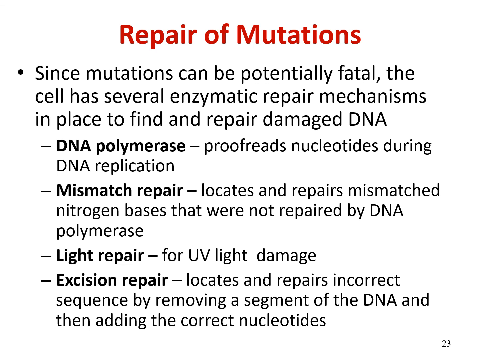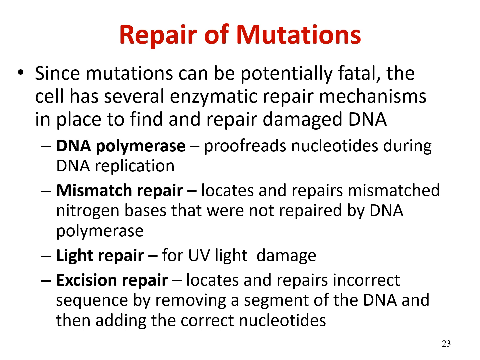DNA polymerase is the one that proofreads nucleotides during DNA replication. Also we have a mismatch repair process whereby the enzyme locates and repairs mismatched nitrogen bases that were not repaired by DNA polymerase. We also have light repair for any mutation caused by UV light damage.